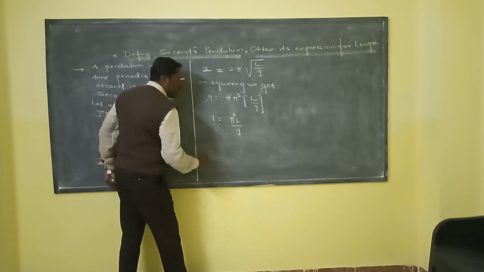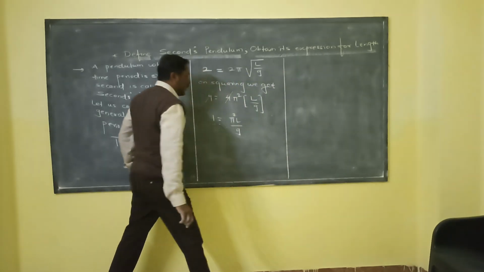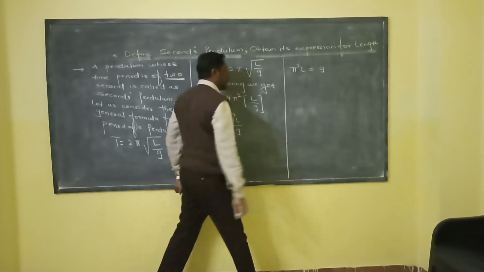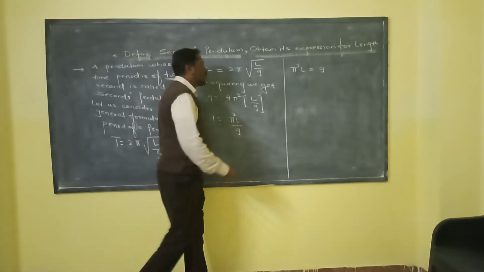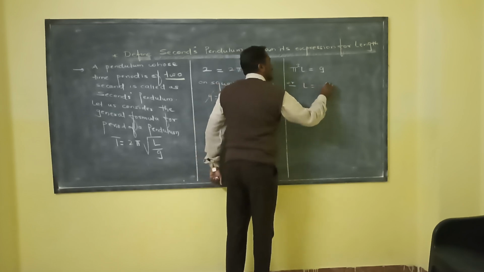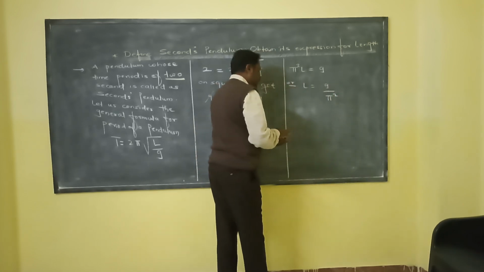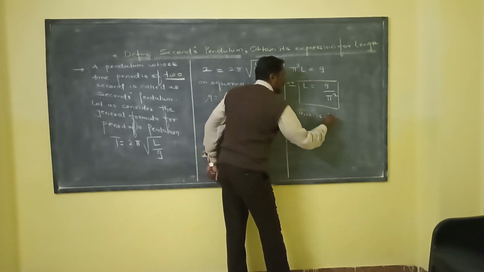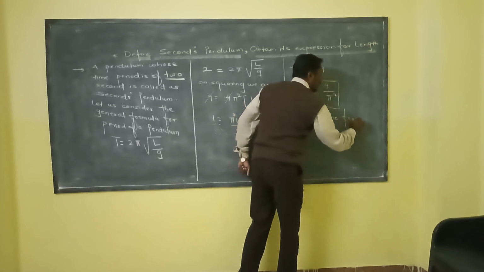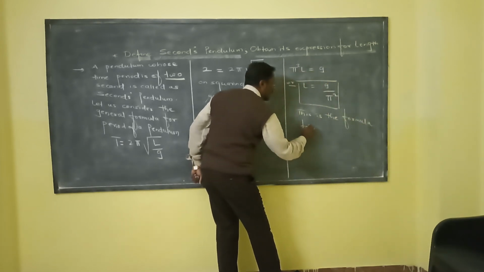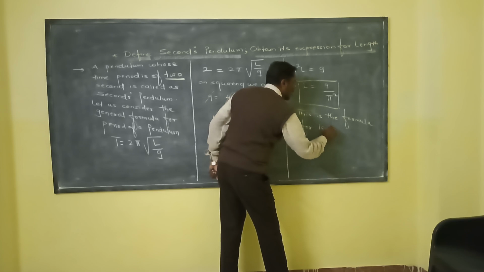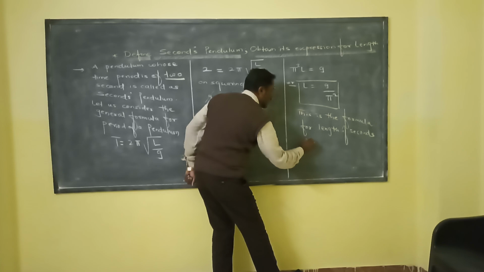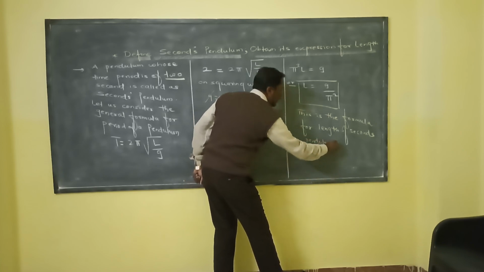Taking cross product, we get pi square L is equal to G, or L is equal to G by pi square. So this is the general formula for length of seconds pendulum.